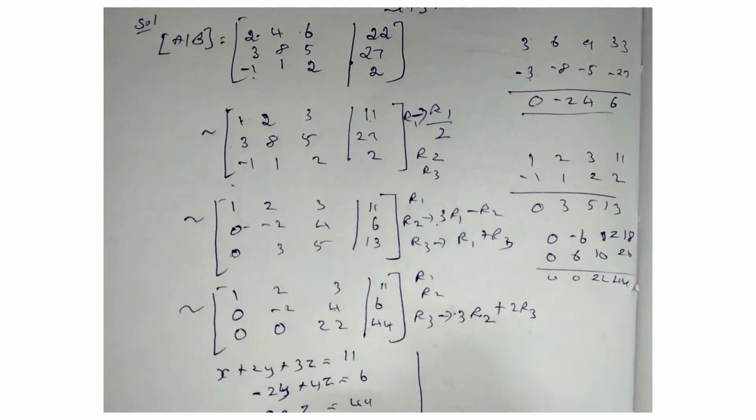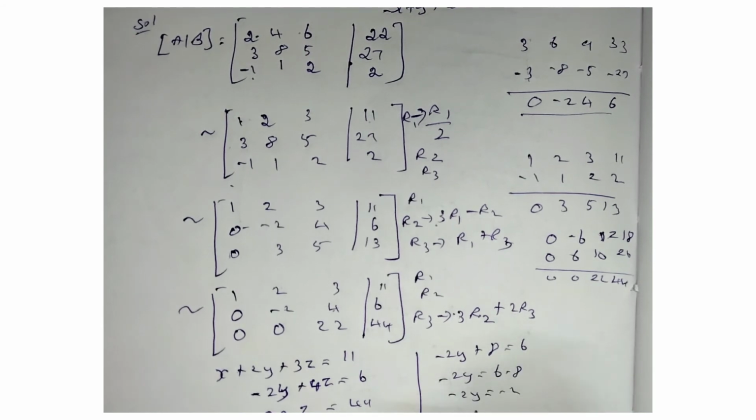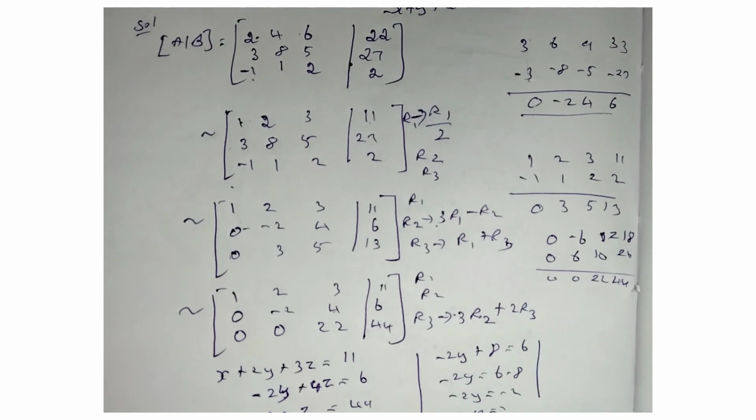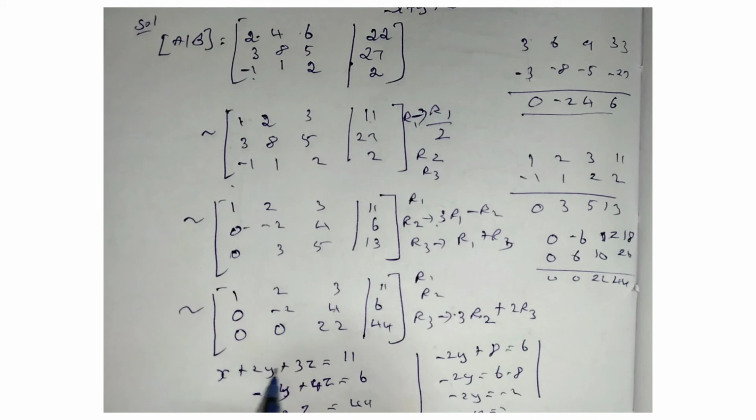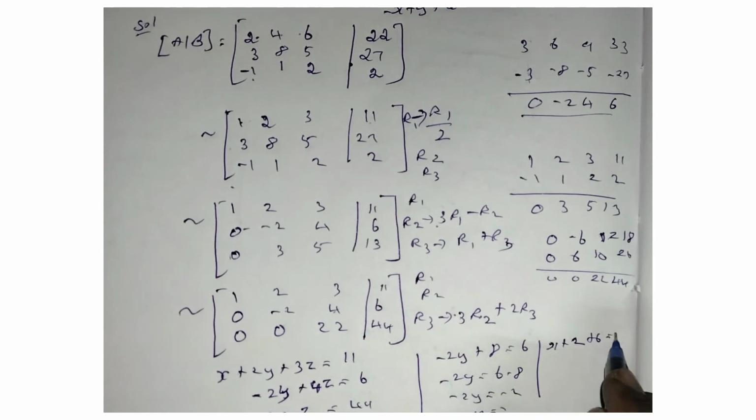So we know the value of z is 2, substitute here. Minus 2y plus 4z, it becomes 8, equal to 6. Then minus 2y equal to 6 minus 8. Minus 2y equal to minus 2, so y equal to 1. So we know the values of z and y. Substitute in equation 1: x plus 2y, which is 2, plus 3z, which is 6, equal to 11.